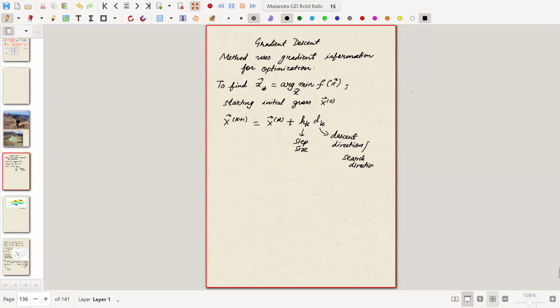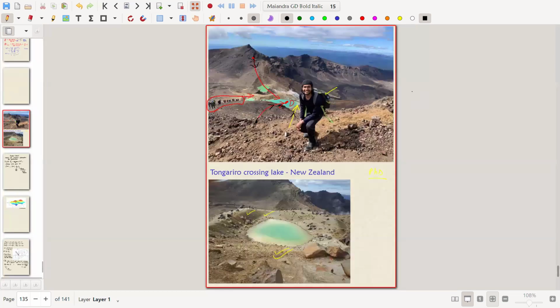Because in this method, you don't know which direction you have to go. Maybe this direction, the shortest path, maybe we don't know. So we have to collect real-time data and find which direction will give you the steepest descent so that you can reach the lake faster.